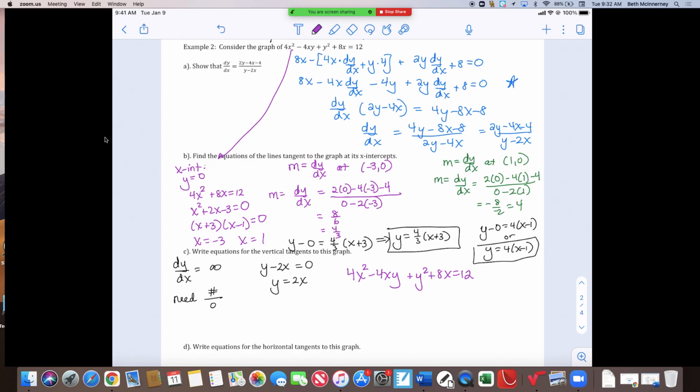So watch what I'm going to do. Everywhere I see y, I'm going to plug in 2x. Then I'm going to solve this for x. Let me pause a moment and let you try this. Try and solve it for x.